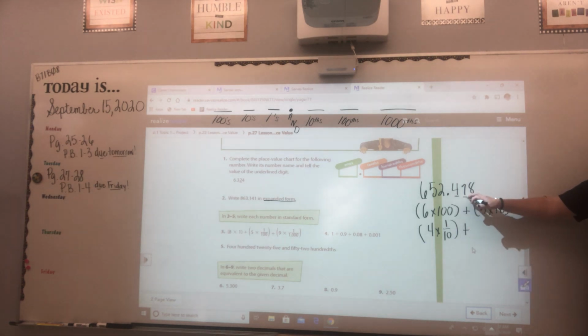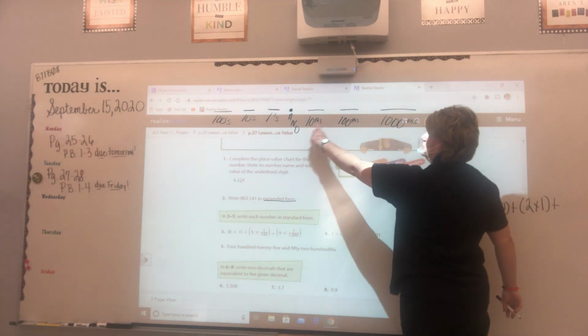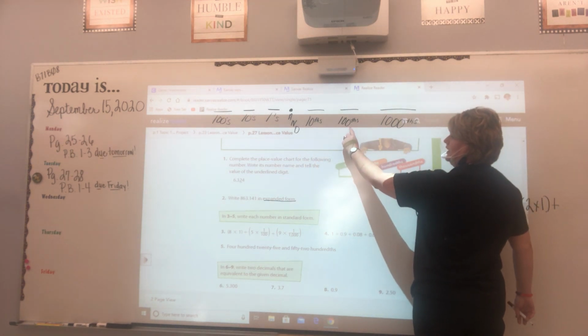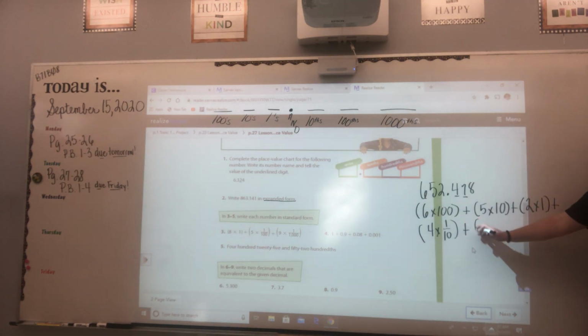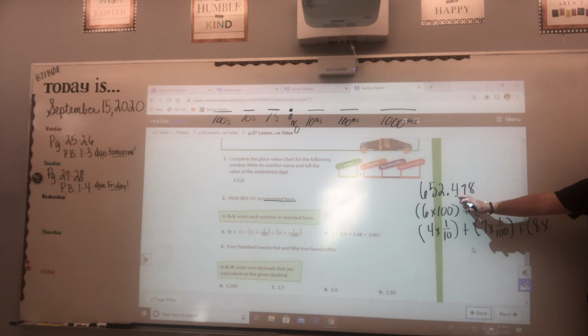Plus, that 7 is, here's my decimal, 2 places over. Decimal, 2 places over is the hundredths. So that would be 7 times, and I'm writing that like a fraction, 1/100. Plus 8 times, if this is the tenths, this is the hundredths, what's this in?